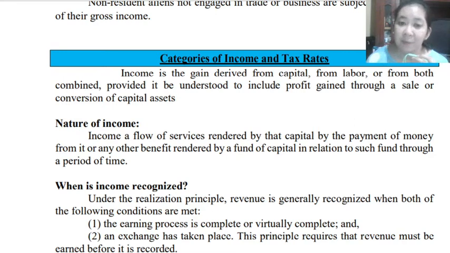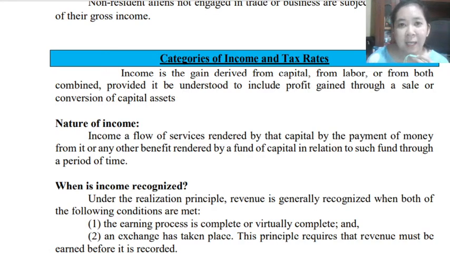Okay, so provided that it be understood to include profit gain through a sale or conversion of capital assets. So income can also be coming from selling your real estate property, like your land, your building, and other assets. Okay, so that can also be a source of income.